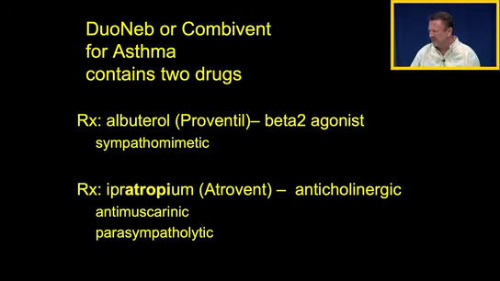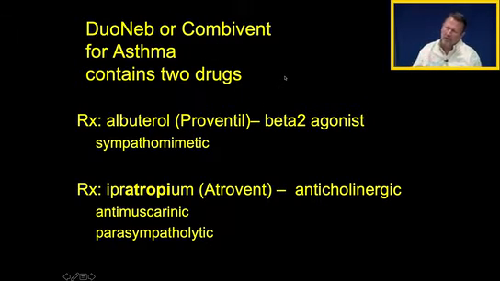And so that's why we get the same effect through two different pathways. Keep this in mind as we're going through things like asthma, that here we can use a sympathomimetic as a bronchodilator, or we can use an antimuscarinic drug as a bronchodilator. I'll make the point right now that Combivent is a single trade name for something that has two drugs.